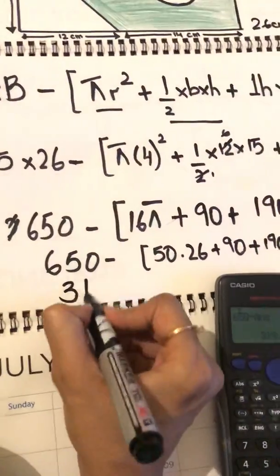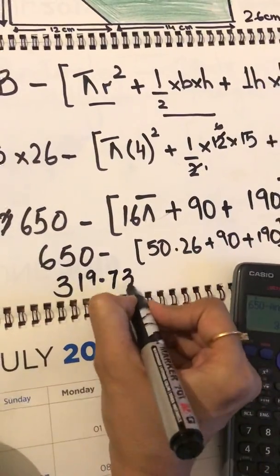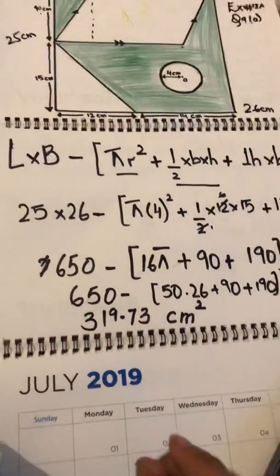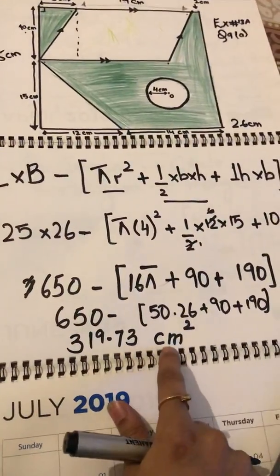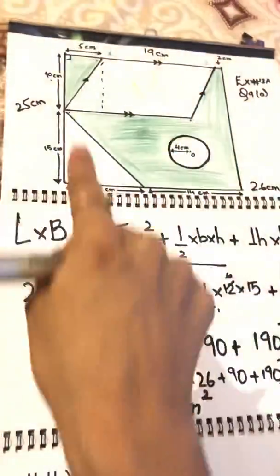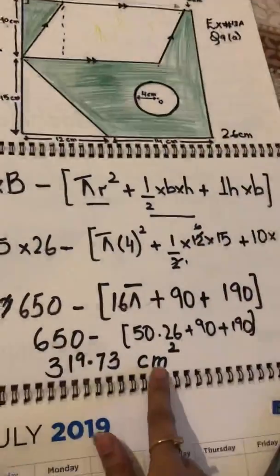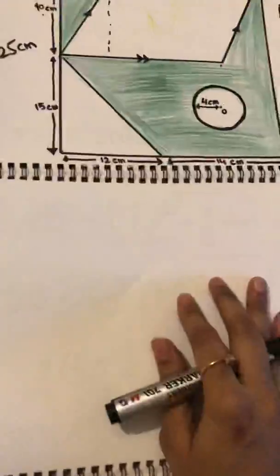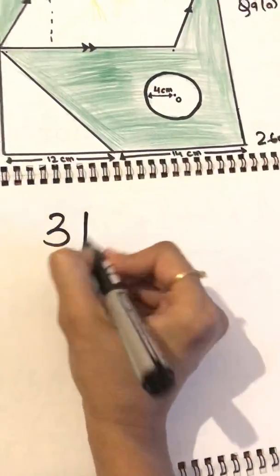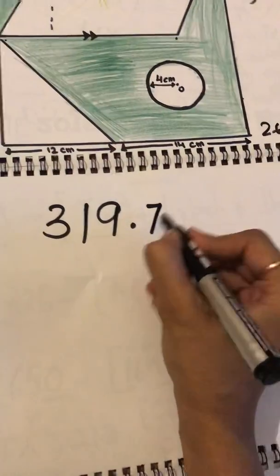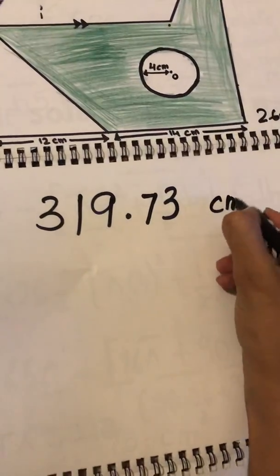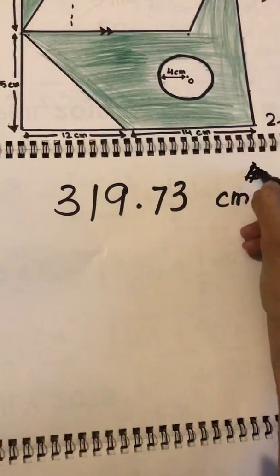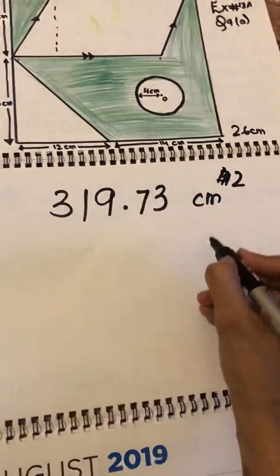Yes class? Now we need to be very careful because the unit is of utmost importance. As the dimensions, the length or breadth or the perpendicular height, are in centimeter, therefore the area will be in centimeter square. The third most crucial point, class, I really wanted to state over here is that the answers are always rounded off to three significant figures.